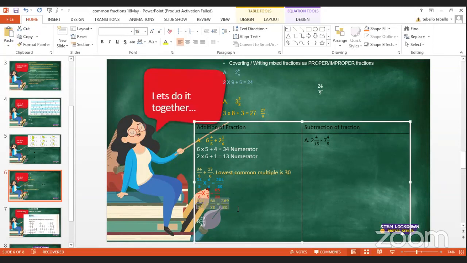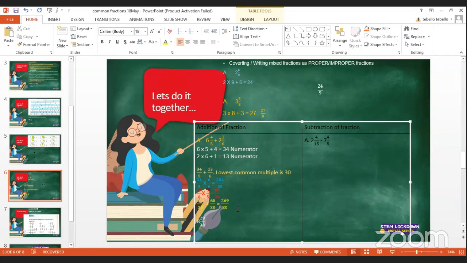Okay, so 204 plus 65 equals 269. And since our denominators are the same, they are not changing. We converted our denominators to the lowest common multiple, which is 30. So our answer will be 269 over 30.